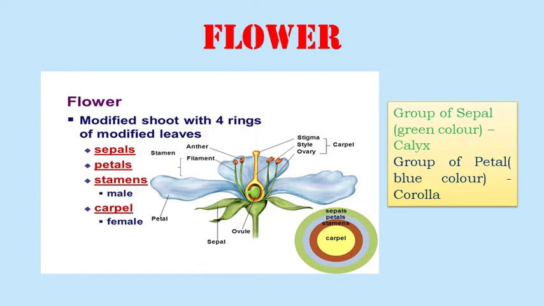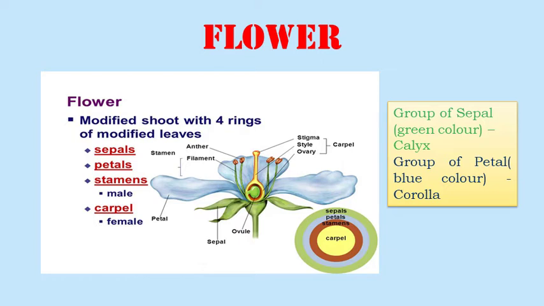As a whole we term them the calyx, but singly we term it a sepal. That means a group of sepals is called the calyx, and a sepal is a part of the calyx, usually green in color, and typically functions as protection for the flowering bud.